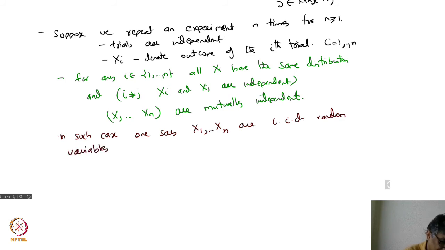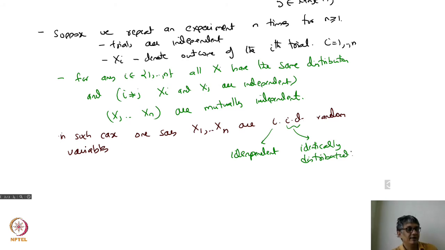Here the first I is for independent, and the i.d. is for identically distributed.